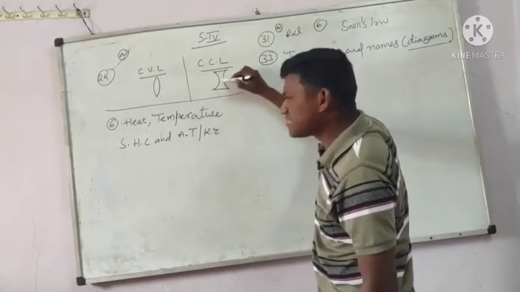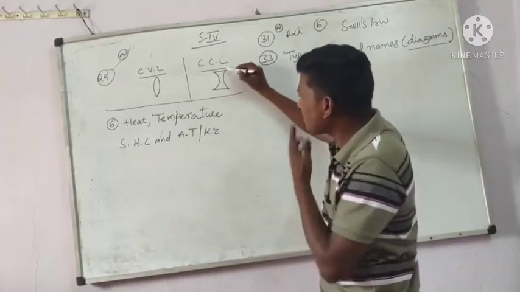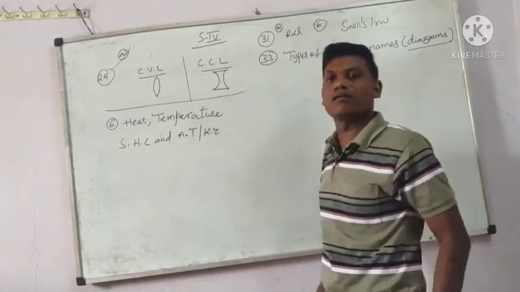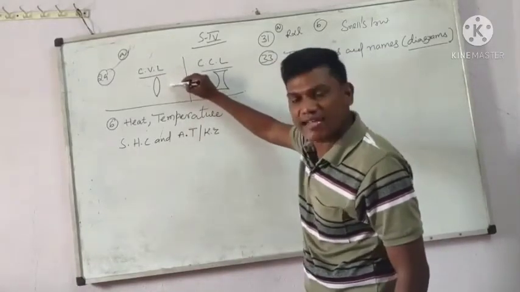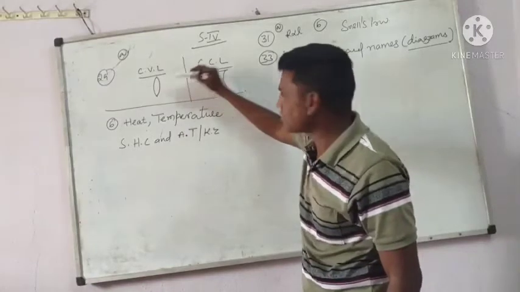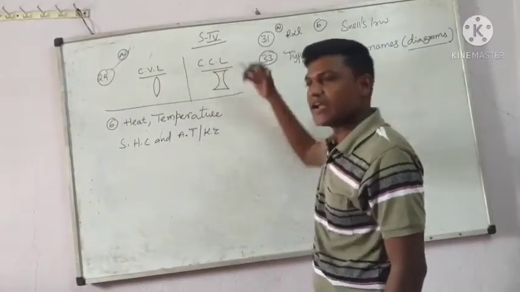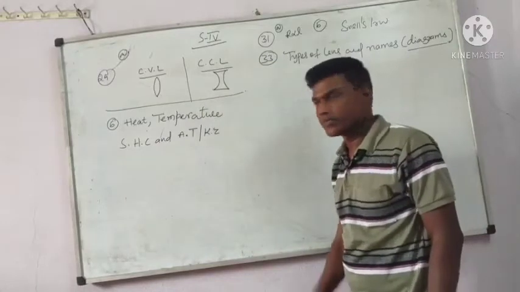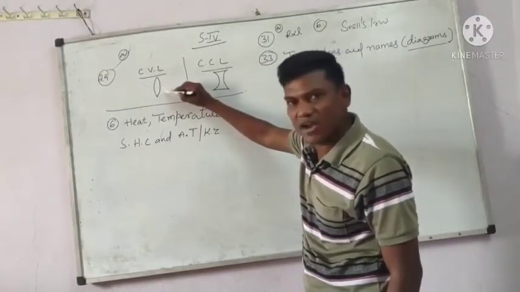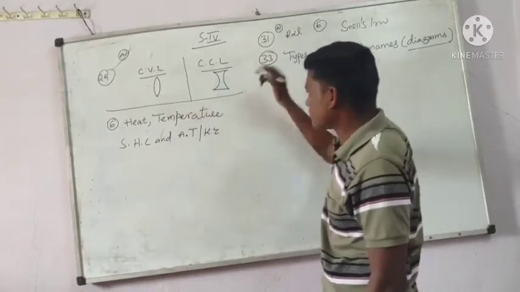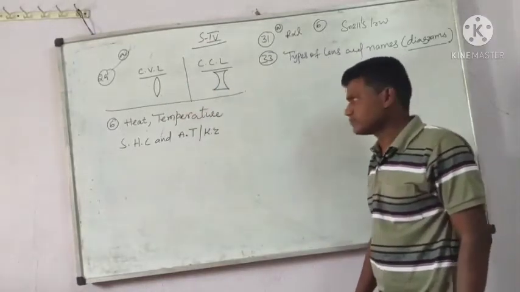A lens which is thinner at the middle and thicker at the edges is called a concave lens. A convex lens acts as a converging lens; a concave lens acts as a diverging lens. The focal length of a convex lens is positive; the focal length of a concave lens is negative.